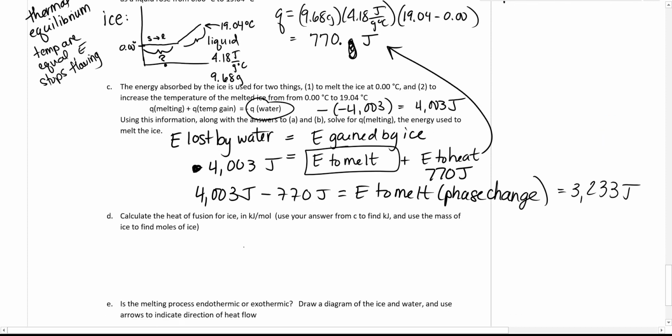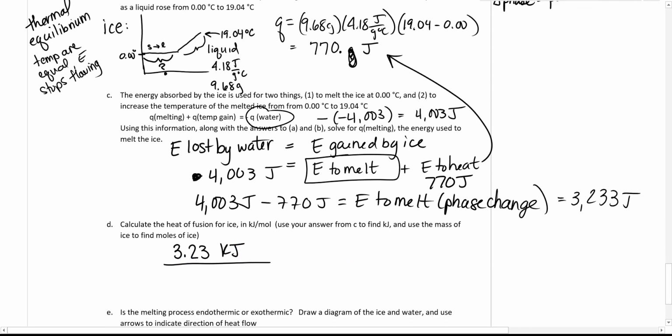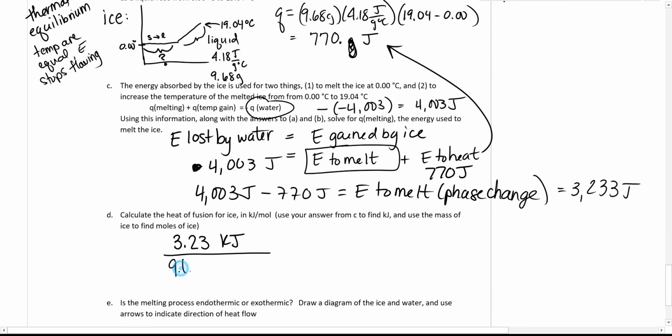So let's find that in kilojoules per mole. I'm going to convert my joules into kilojoules. That becomes 3.23 kilojoules. I think I had 3 sig figs there. And I'm dividing by moles of ice. My sample of ice was 9.68 grams. And remember, ice is water, so 1 mole of water weighs 18.01 grams.